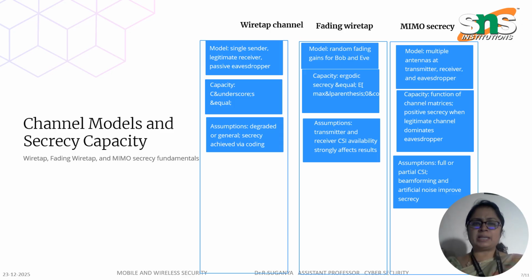We have the capacity range, which underscores the inequality. For fading wiretap, we have some set of rules. For MIMO secrecy, the legitimate channels dominate the eavesdropper, and we have some assumptions for each and every channel.